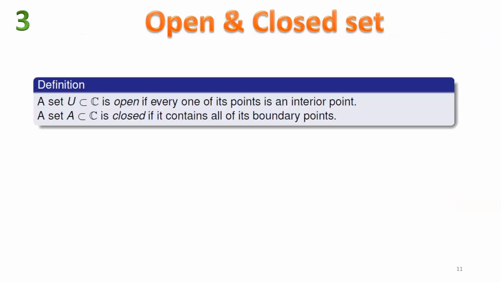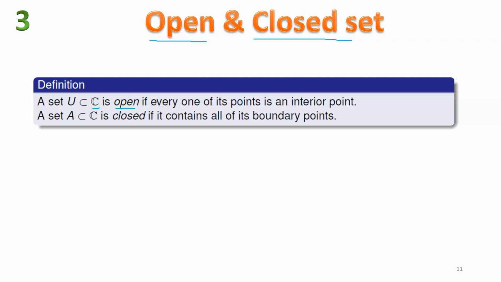Now we are in a position to discuss open and closed sets. Let U represent a set which is a subset of the complex numbers, which in general is denoted by C double bar. U is open if every one of its points is an interior point; then it is called an open set.